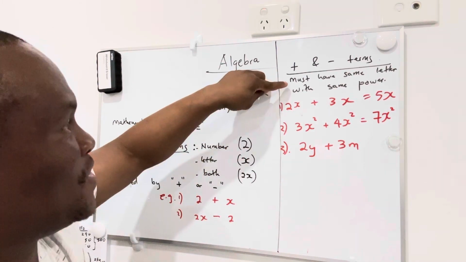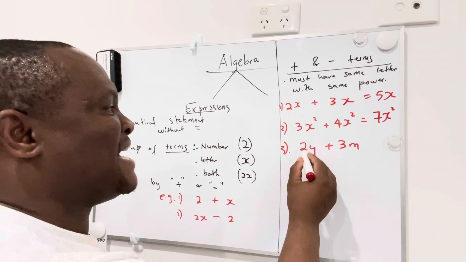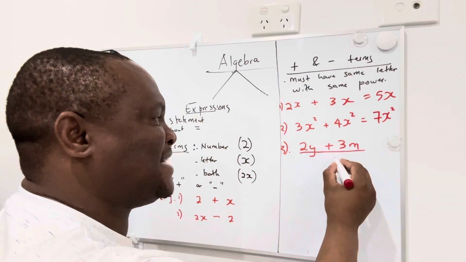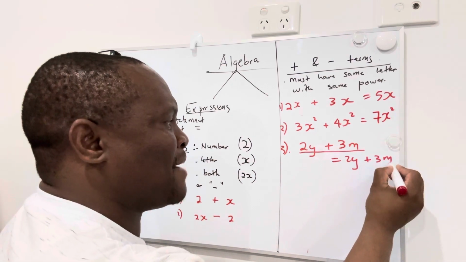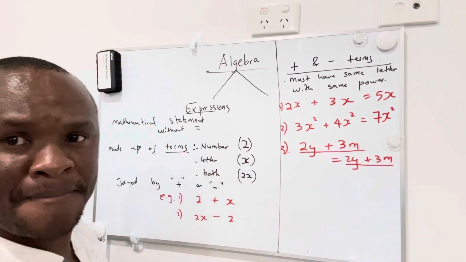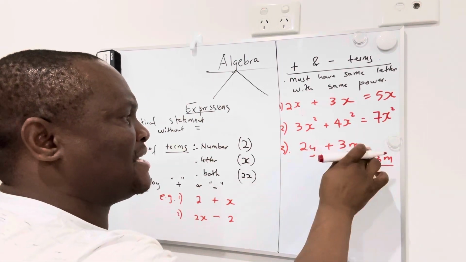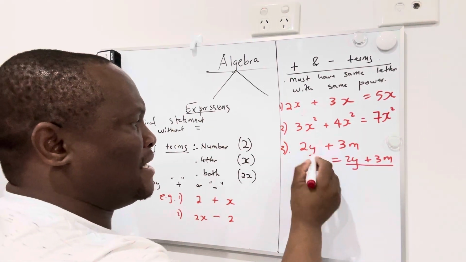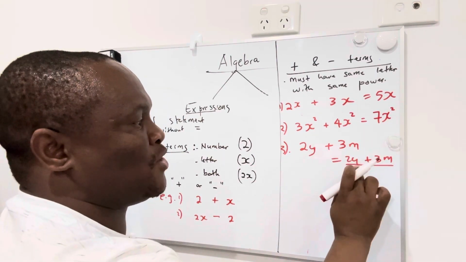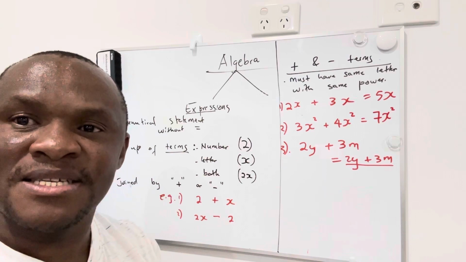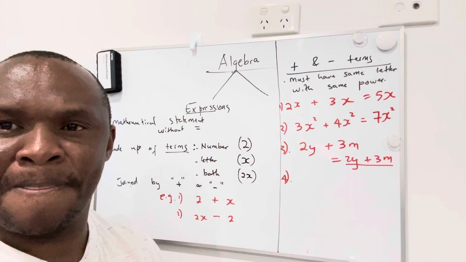Let's go back to my notes. I said they must have the same letter. So the answer remains like this: you write it as 2y plus 3m. You write it as it is. You cannot add them together because they have different letters.